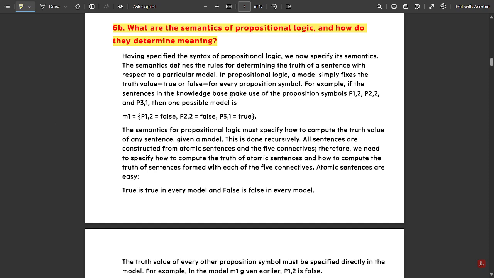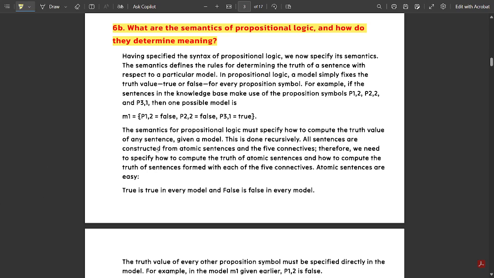For example, if the sentences in the knowledge base use the proposition symbols P1,2, P2,2 and P3,1, then one possible model is M1: P1,2 = false, P2,2 = false, and P3,1 = true. This is the semantic part, where you represent a particular set of instances.